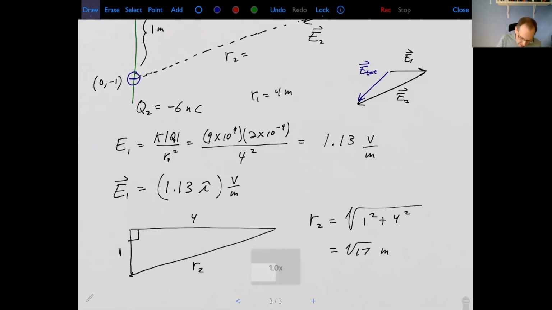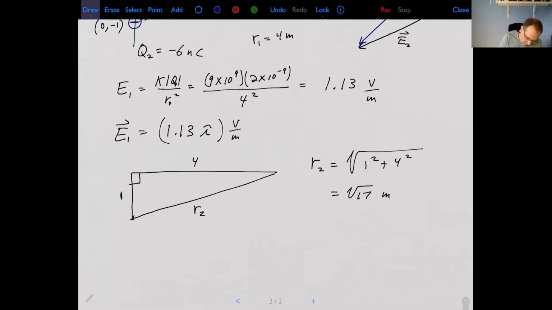So that means the magnitude of E2 is going to be K times Q2 divided by R2 squared. So this will be 9 times 10 to the ninth times, I just want positive, so 6 times 10 to the negative ninth, because Q2 is negative 6 nanocoulombs, but we want the absolute value, just the magnitude.